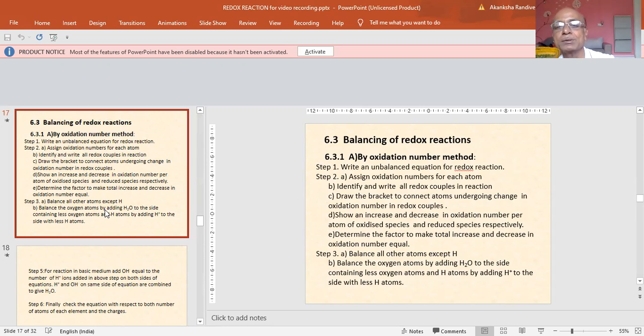So draw the bracket to connect atoms undergoing change in oxidation number.